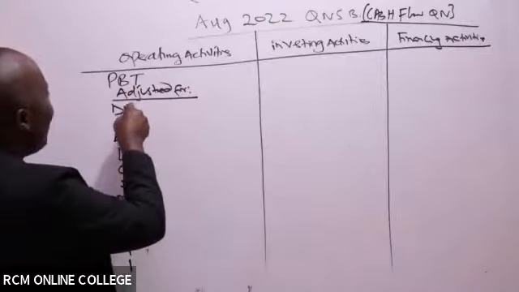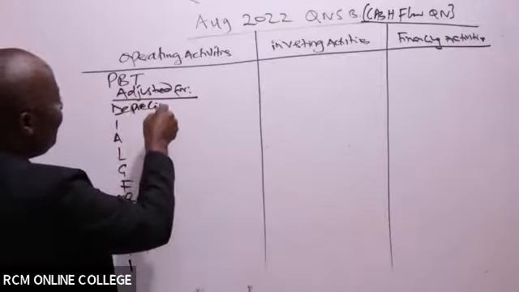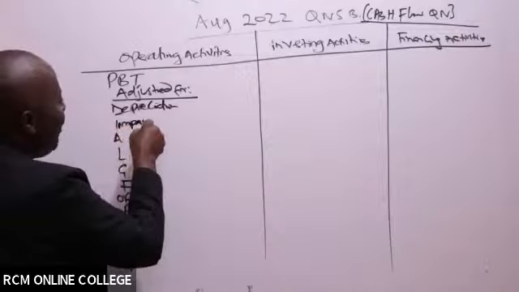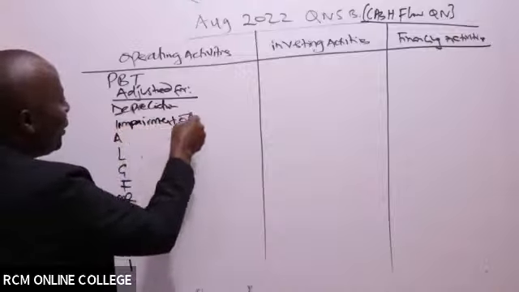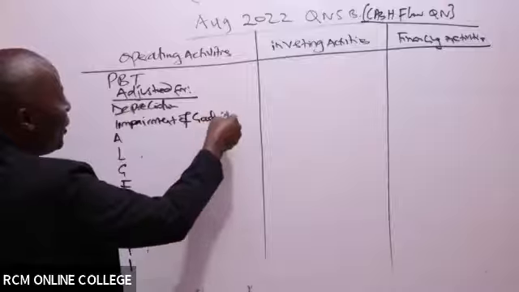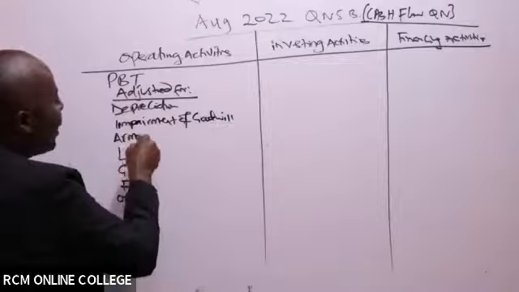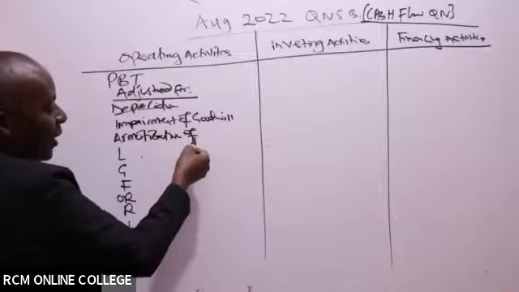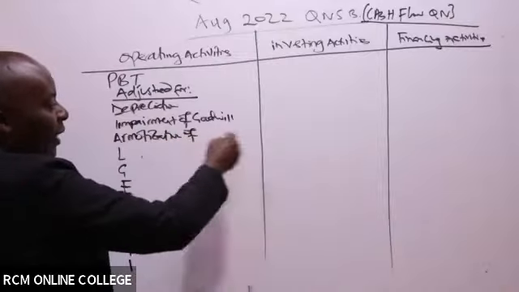So in this case here, we have depreciation, impairment of goodwill, and amortization of intangible assets, so you go to the intangible asset account.